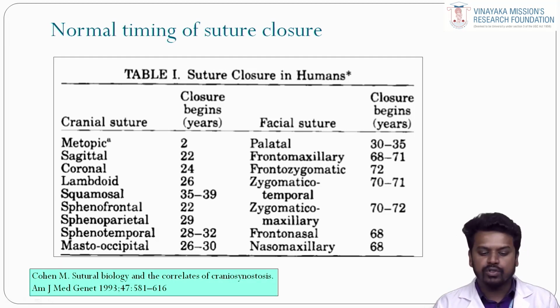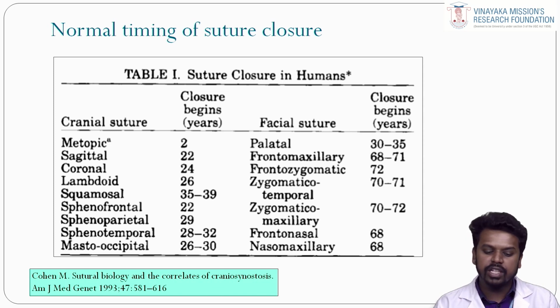The normal timing of suture closure is a very important thing to be noted here. Suture closure in humans, as in cranial sutures, begins from 2 years onward, in months and years. The facial sutures: parietal, frontomaxillary, frontozygomatic, zygomaticotemporal, zygomaticomaxillary, frontonasal, nasomaxillary.